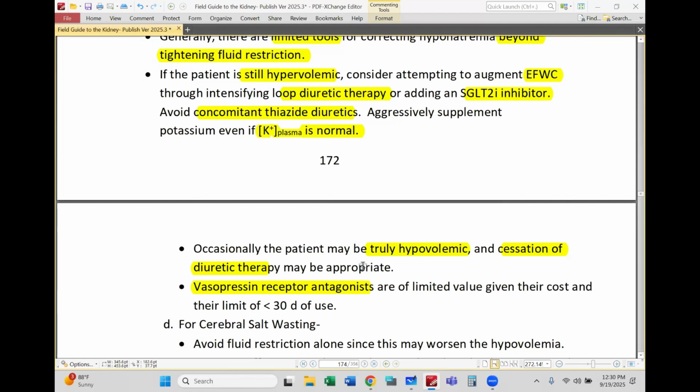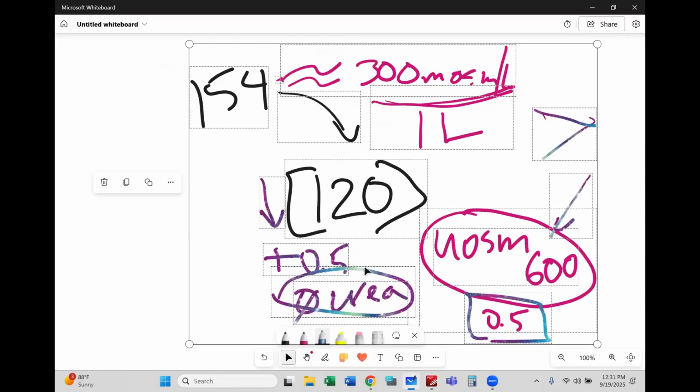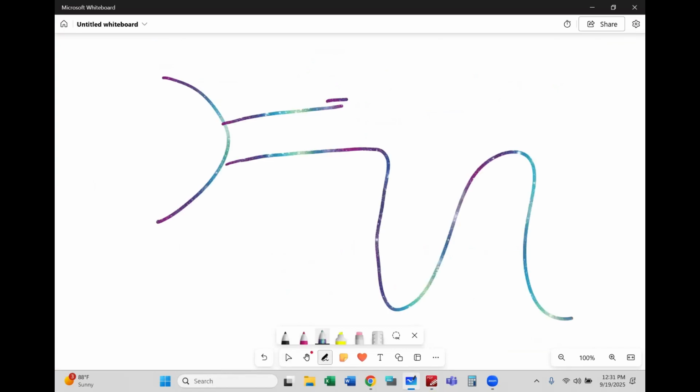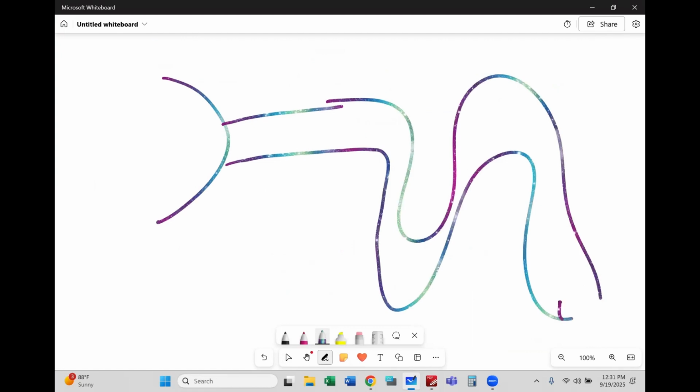Notice that I'm not including urea as a tool that you should consider using in this group. Let's think about why that is. Well, what happens when you give urea to a patient with low effective circulating volume? Well, you're hoping that in giving urea, you are enhancing free water excretion because urea is an osmotically active particle that ends up in the final urine.